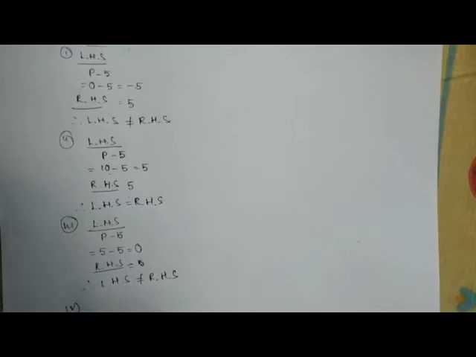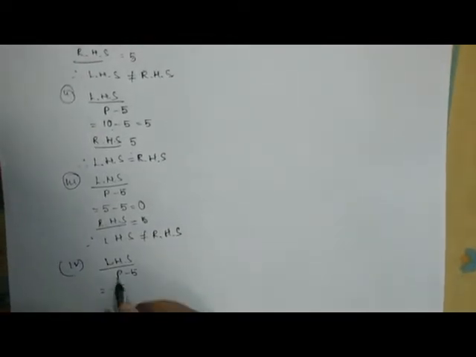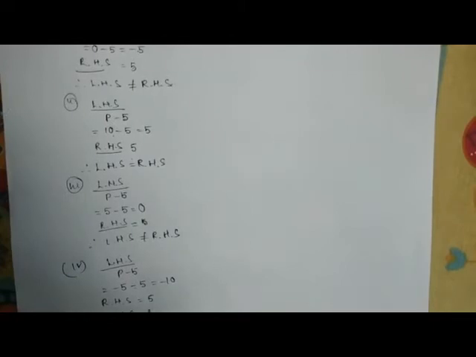Now in the next option again we will write left hand side p minus 5, and in the next option we have minus 5, so we will put it in place of p. So minus 5 minus 5 will be minus 10, and on the right hand side we have 5, which is not equal. So we will write left hand side is not equal to right hand side.